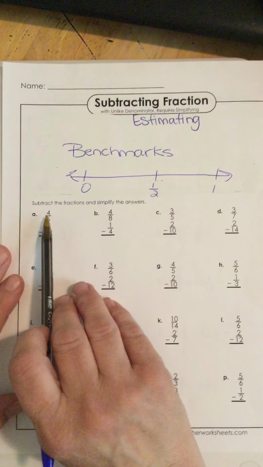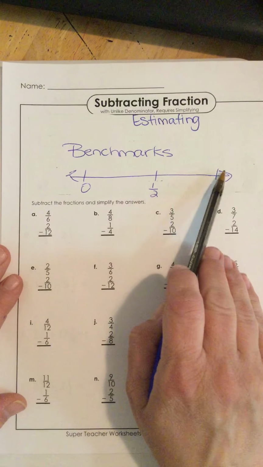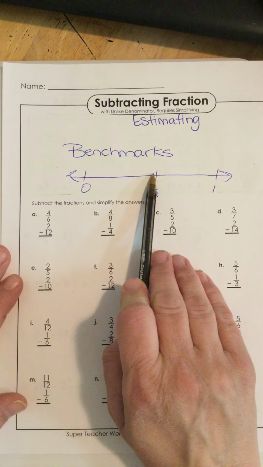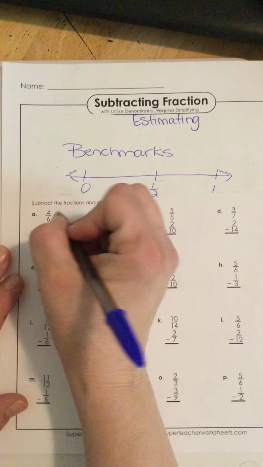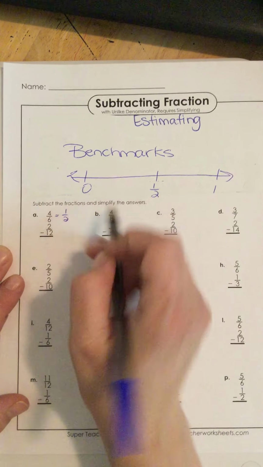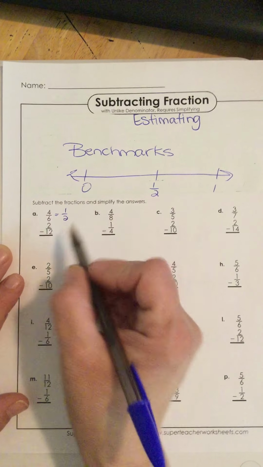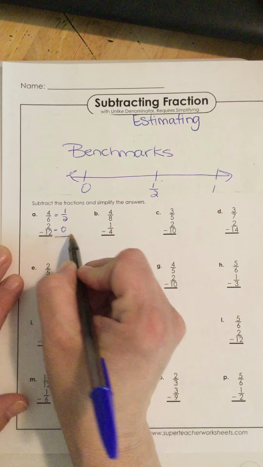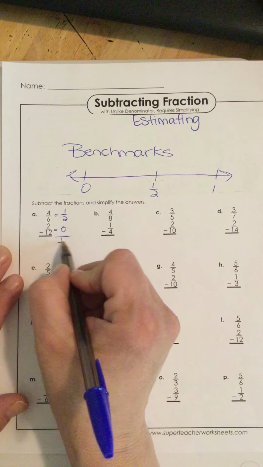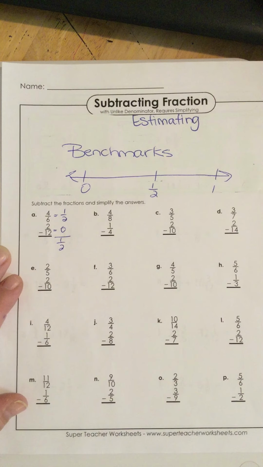All right, 4/6. Half of 6 would be 3. 4 would be closest to 1/2. 2/12. 2 would be here, so I'm going to give that the answer of 0. If you have a half and you don't take anything away, you still have 1/2.